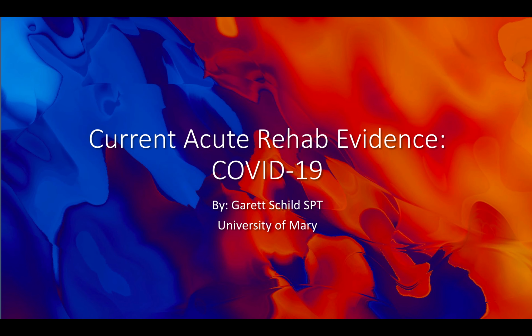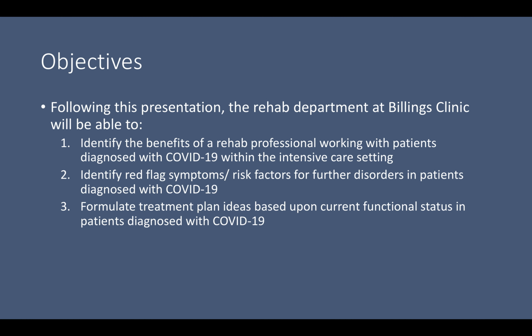But some of the research I found varies on the clinical practice guidelines just because they have a different scope of practice for therapists than they would here in the United States. So some of the pathogenesis information was very relevant, but the specific recommendations might be different because of the different scopes of practice. All right, let's get started.